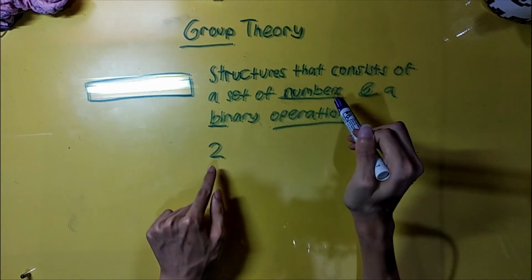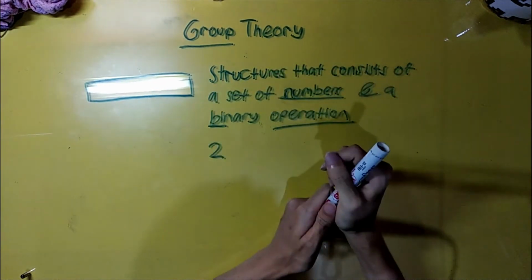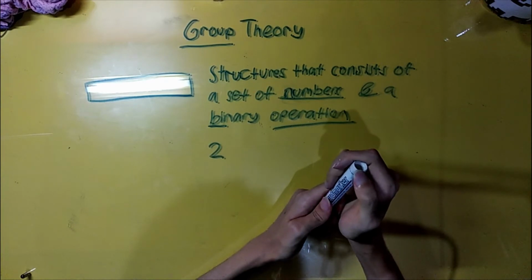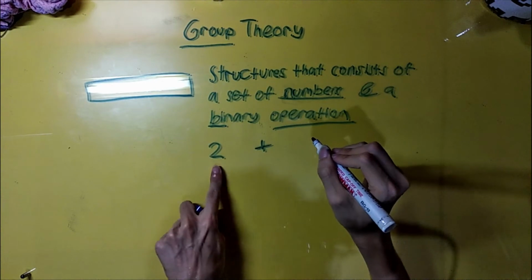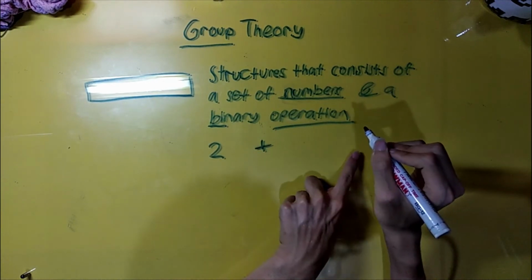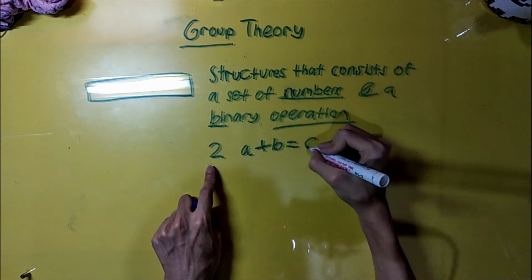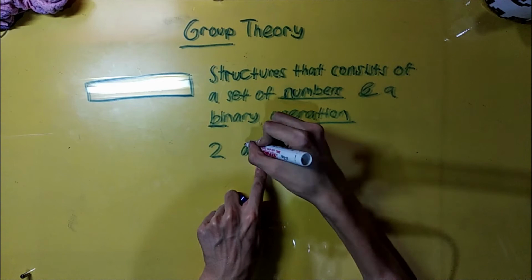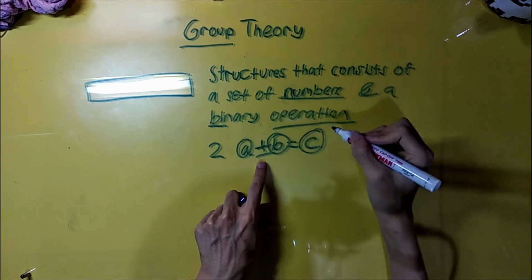So what is an operation that you can do to 2 numbers to get another number? And it's not too difficult to figure out. There are lots of examples actually. One of them is addition. You can add 2 numbers together to get another number. You can add A plus B to get another number C. Addition is a binary operation because it uses 2 things to get another thing.